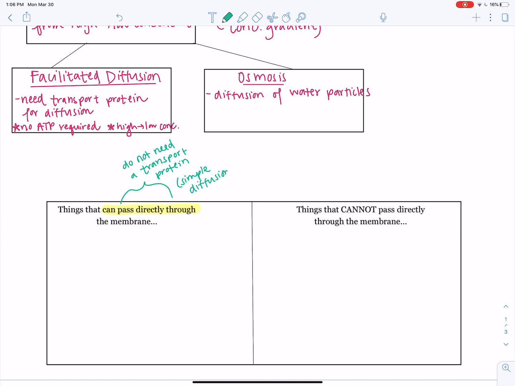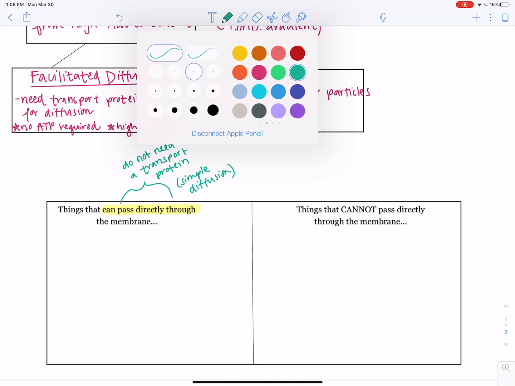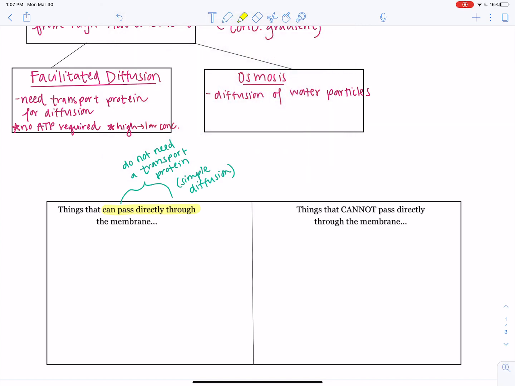Talk about that in a second. The next category, things that cannot pass directly through the membrane, need a transport protein in order for diffusion to happen, or really any movement. And so these would be things that do facilitated diffusion.